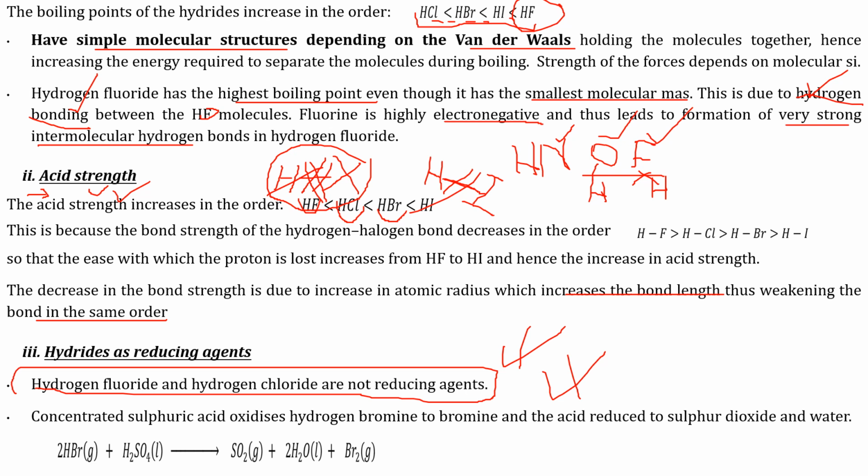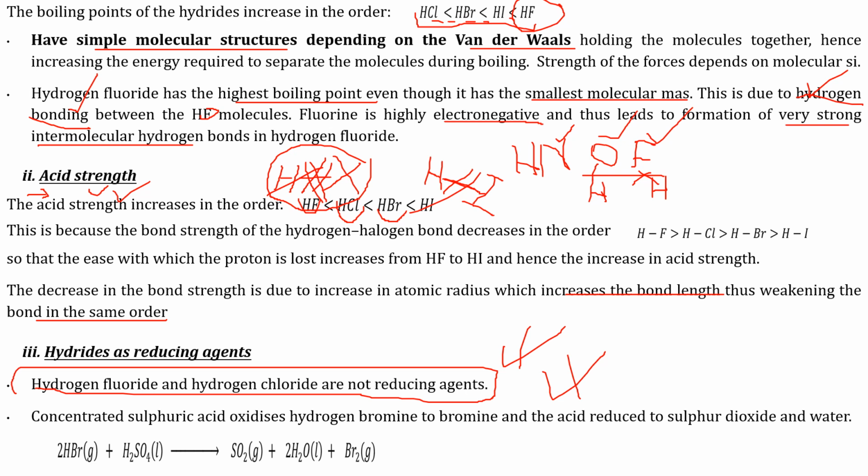But if you look at hydrogen bromide and hydrogen iodide, the individual atoms of the halogens have large atomic radius, implying that they form longer bonds, which are weak and can easily break to react with other elements. That's why concentrated sulfuric acid oxidizes both hydrogen bromide and hydrogen iodide to their respective elements.